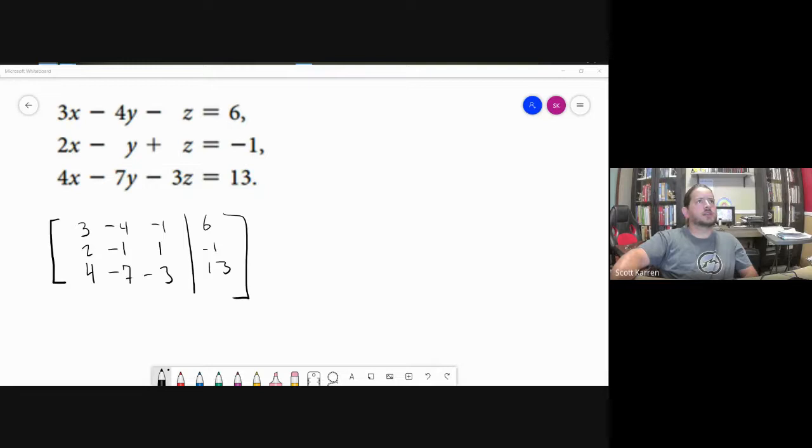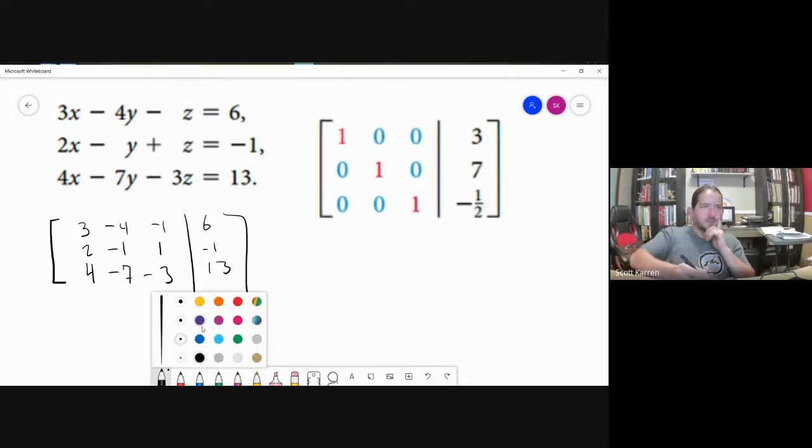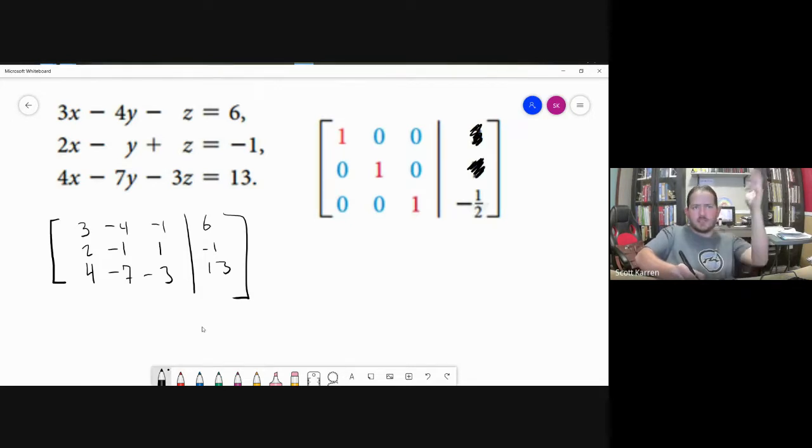So now again, I'm going to steal this. This is the picture of the last problem. So this is not the answer to ours, right? So we're going to have different numbers. I don't know what that's going to be. It's not going to be a 3. That was the answer to the last problem. But looking at the left hand of this matrix, this is what I want to get.